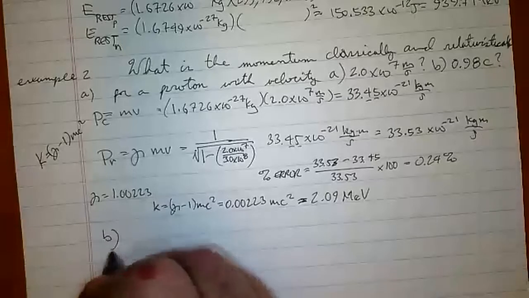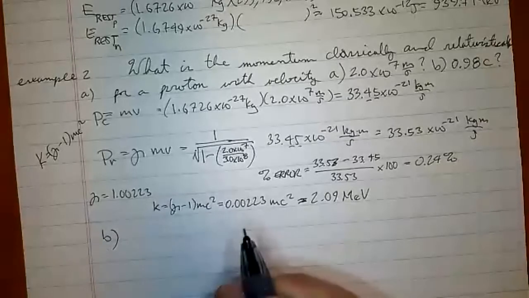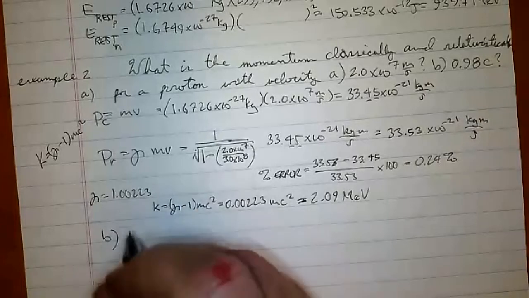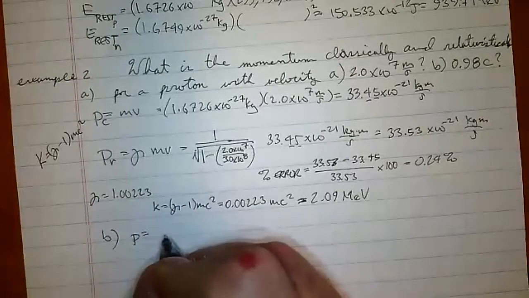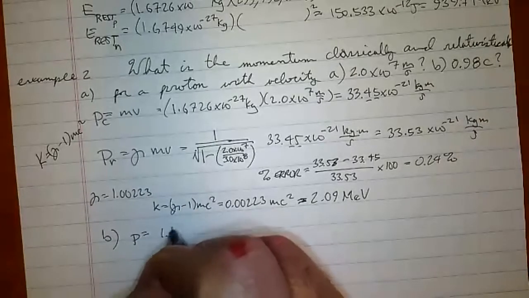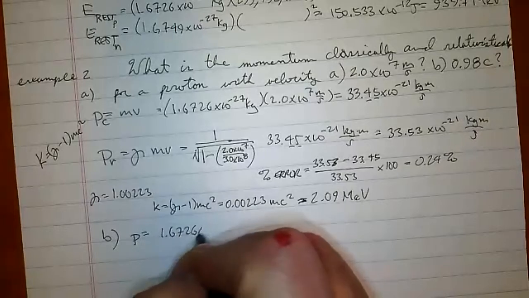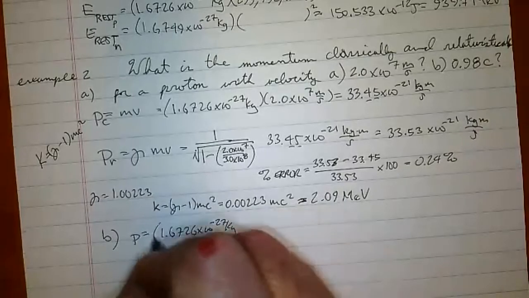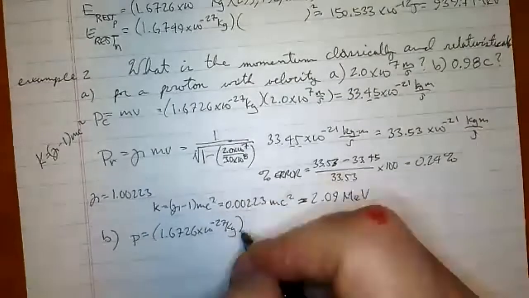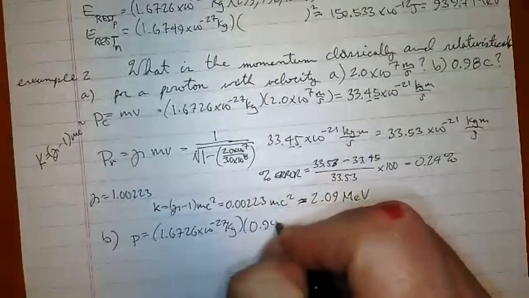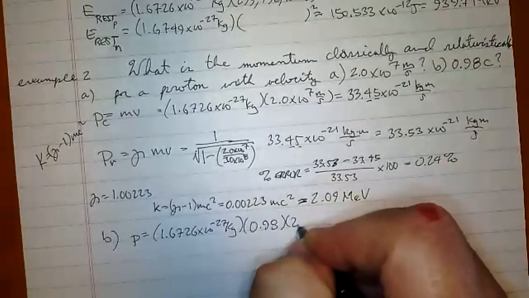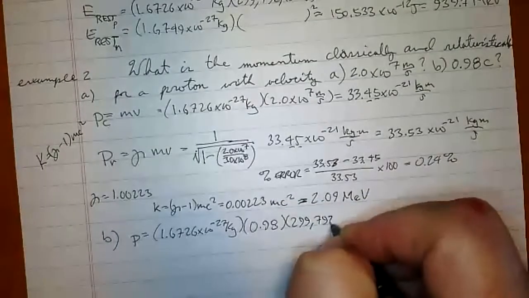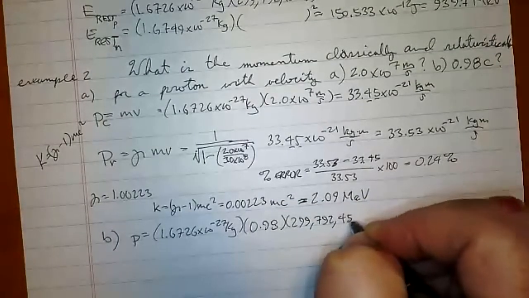So part B, we want to do the same thing, only this time we want to calculate it for 98% of the speed of light. So p is equal to mv becomes 1.6726 times 10 to the negative 27 kilograms times 0.98 times 299. Again, I write all these digits just because I try to keep them fresh in my head. You don't have to.